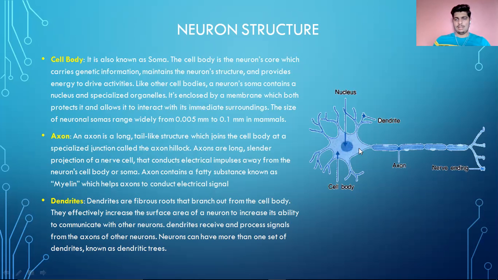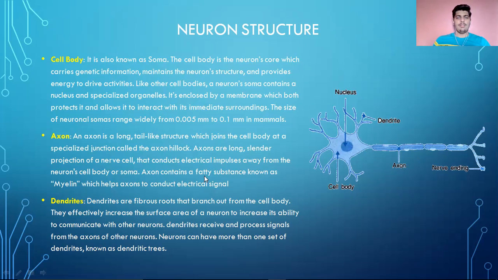We can see here in this diagram this long chain or pipe-like structure, that is known as the axon. This is connected here and here as well. They usually help in transmitting. Axons are long slender projections of a nerve cell that conduct electrical impulses away from the neuron cell body or soma.